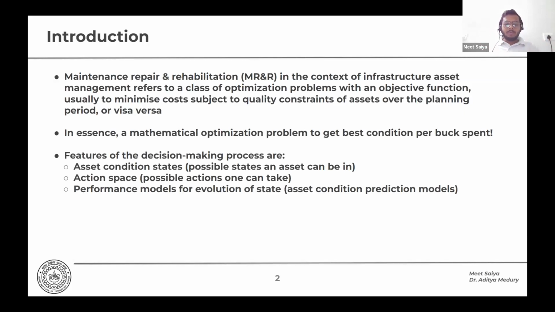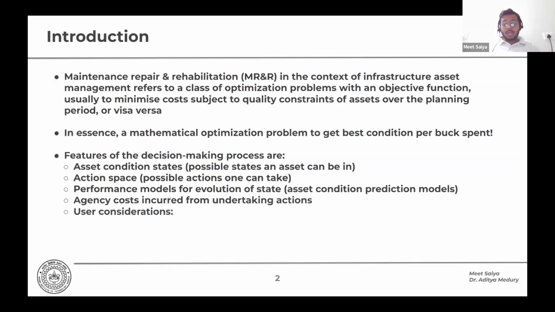Then we should have performance models which decide, given an action that we do, how an asset would transition from one state to another state. And we should obviously have agency costs that the agency would incur for doing some actions.